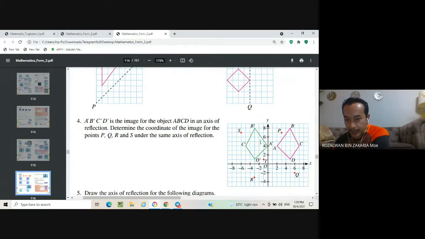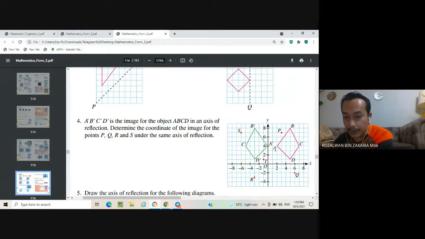Now look at this one. You must remember object A, B, C, D is the object, and A prime, B prime, C prime, and D prime is the image for the object A, B, C, D, like what we have already learned from example 17.